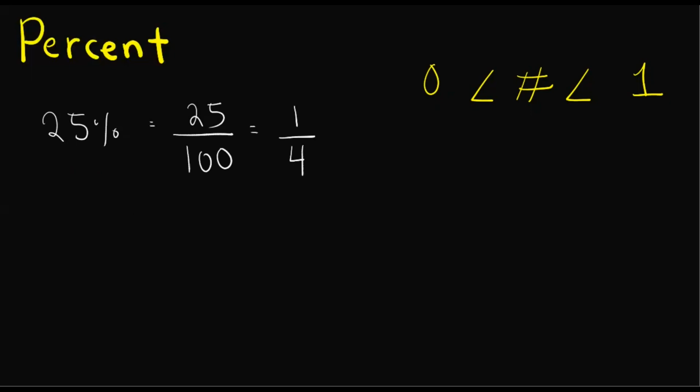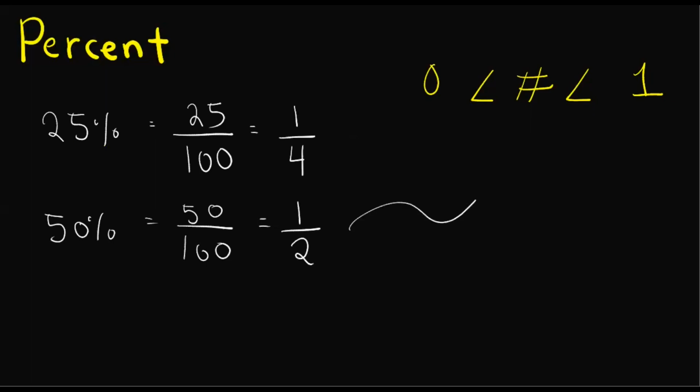So indeed, this one is between 0 and 1. If we have 50%, this one is 50 over 100, which is actually 1/2 in lowest terms. So again, it is in here.